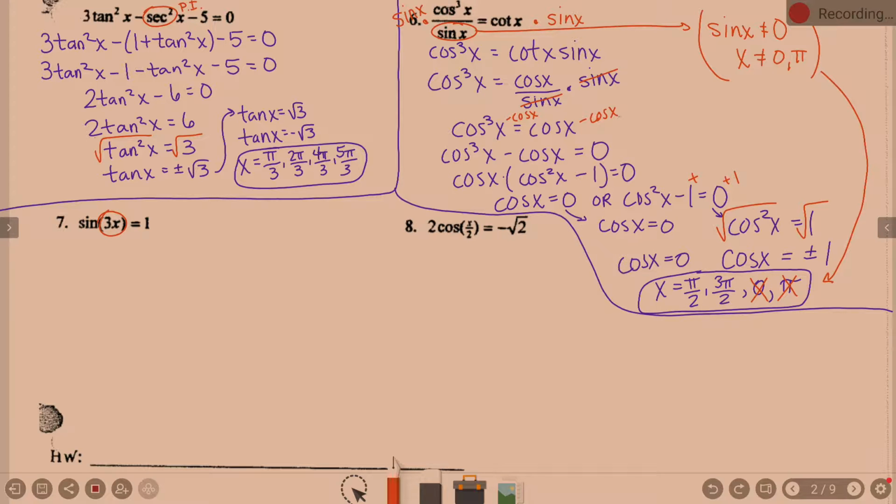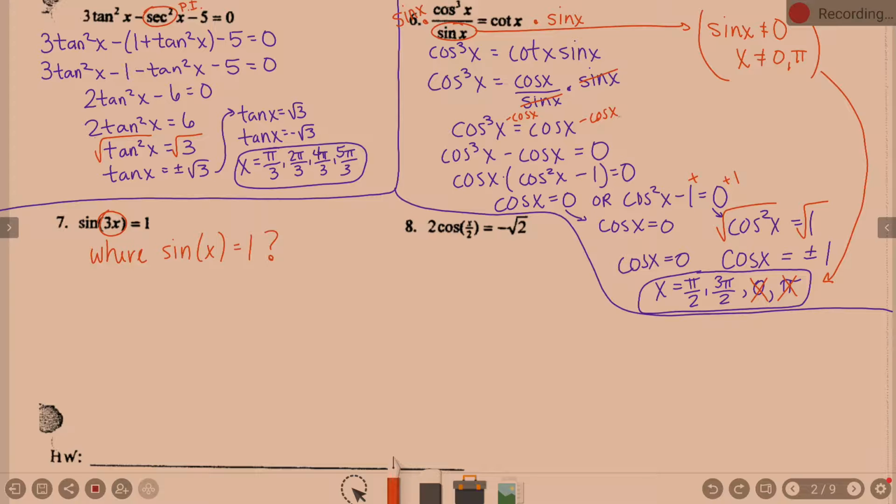Now, for the moment, the question I would suggest you ask yourself is forget the 3x for a moment, and just ask yourself, where does sine of x equal 1? In other words, we'll come back and deal with 3x in a moment. At what angle, or angles, does sine equal 1? And where is that happening? Pi over 2.